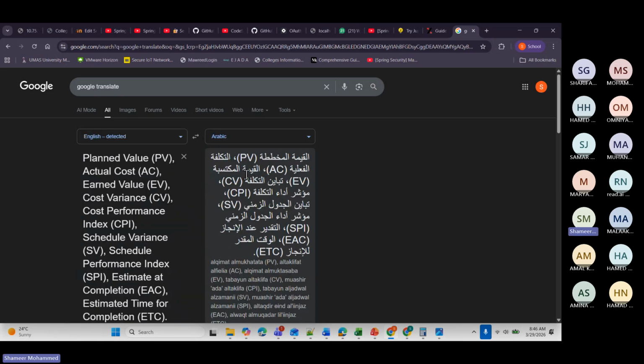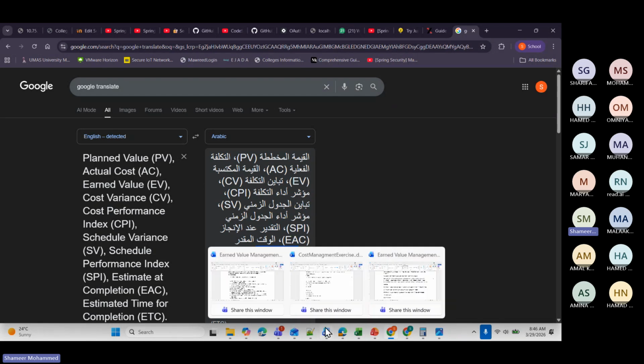Planned value, actual cost, earned value. Next, the performance index based on the cost, based on the time, and how much total amount of cost and total amount of time it will take. These are the things that we are going to calculate. So now you have done this one.